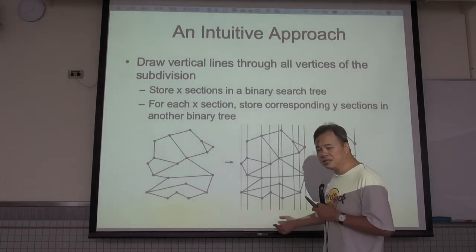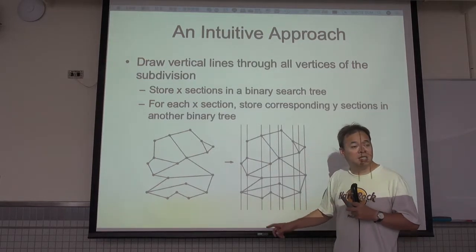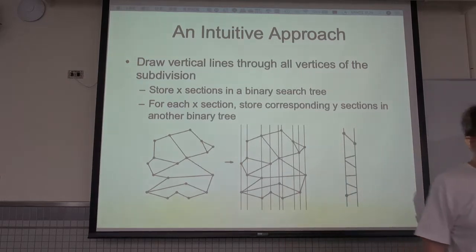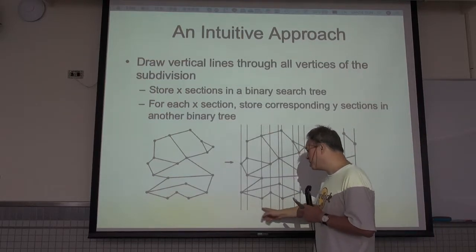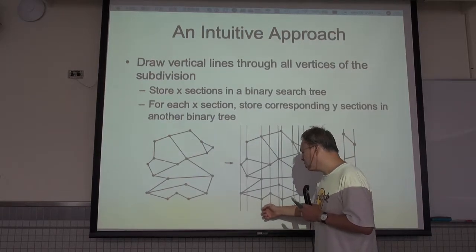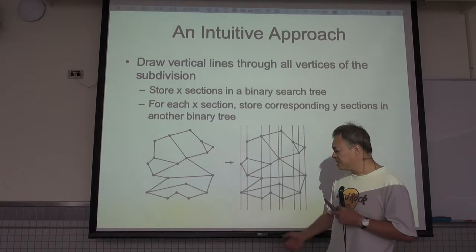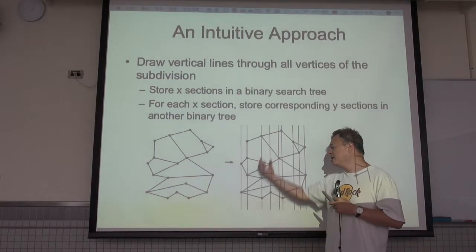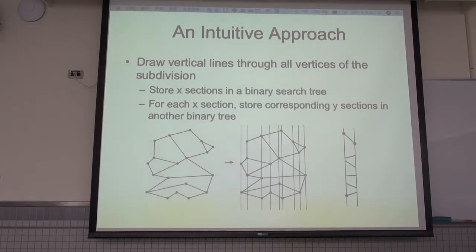If your point has an x value of 2, then you know it's in between 0 and 3. That can be obtained very quickly.